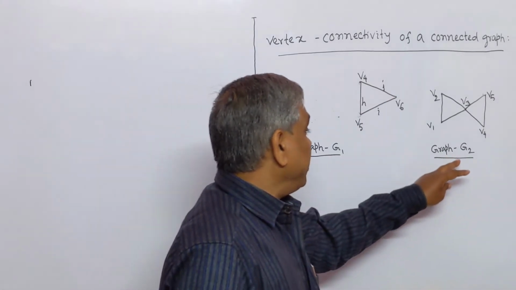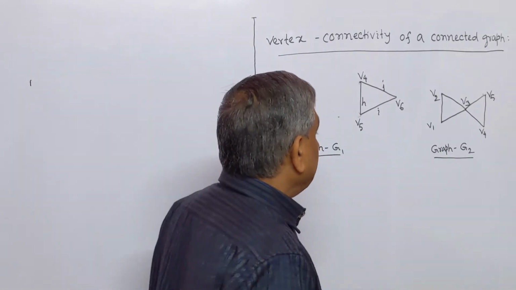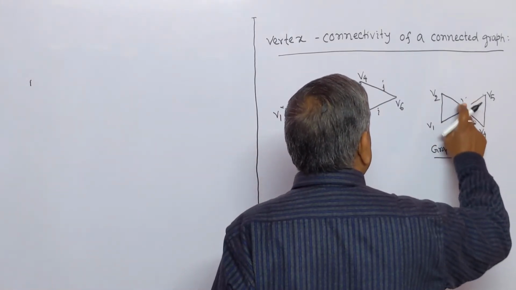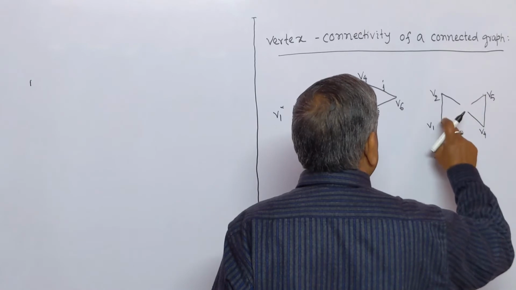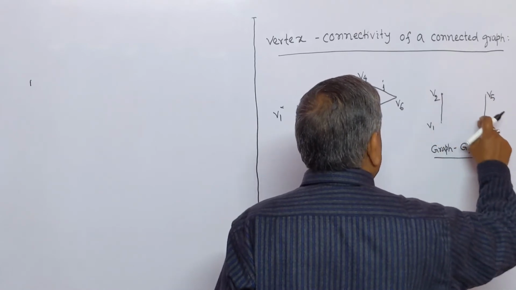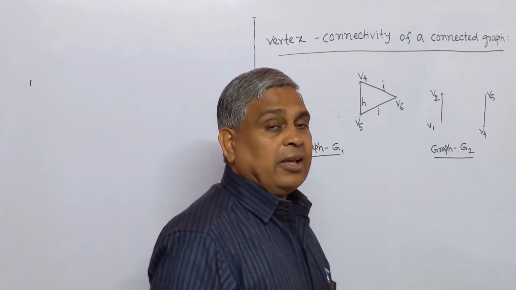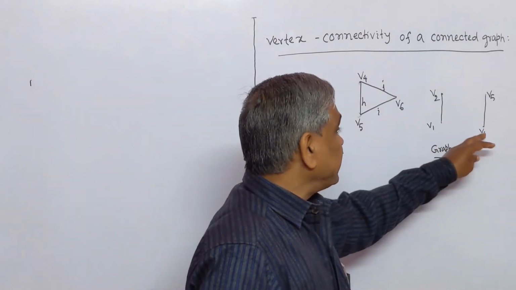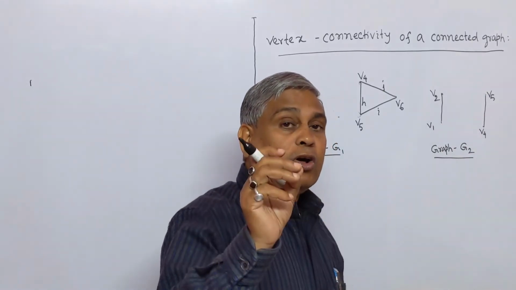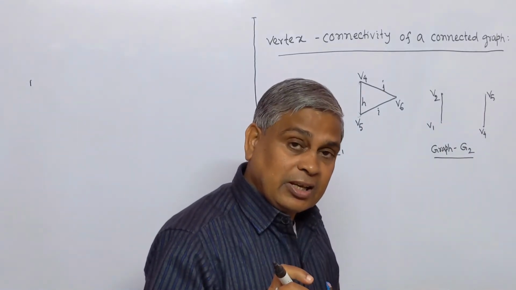Now we speak about the graph G2. Here, if we remove V3 and its connecting edges, then we get two disconnected graphs. Therefore, here we have removed only one vertex.